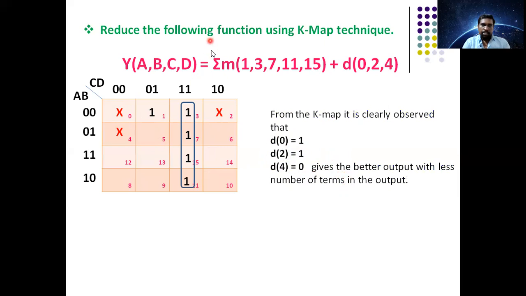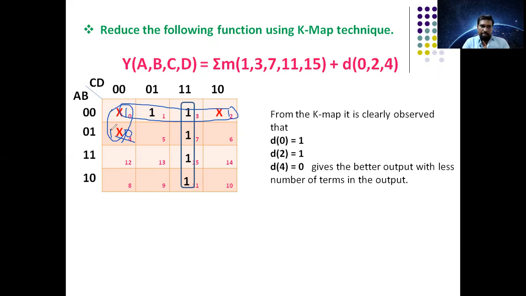Okay, see, suppose if I take here 1 and here 1, then directly I can combine all these as one quad, and I should take this as 0. If it is 0, then I no need to bother about this cell. Why? Because it is an SOP question. Suppose by chance if I take 1 here, then definitely I should make these 2 as a pair so that my expression will get somewhat increased.